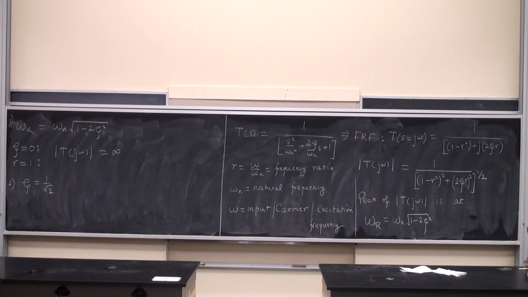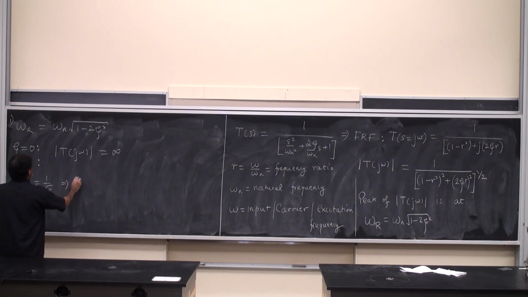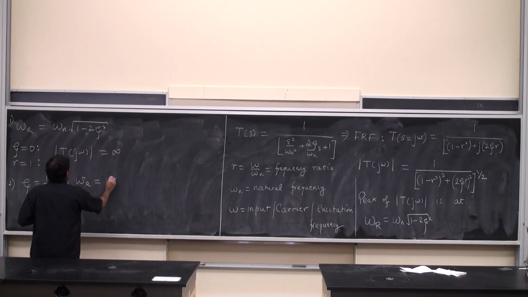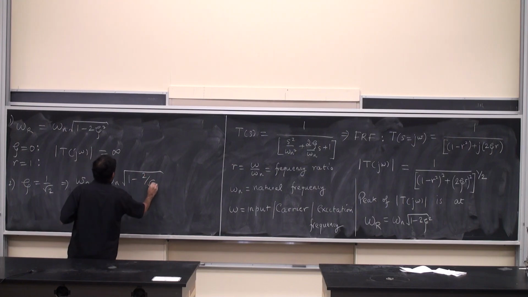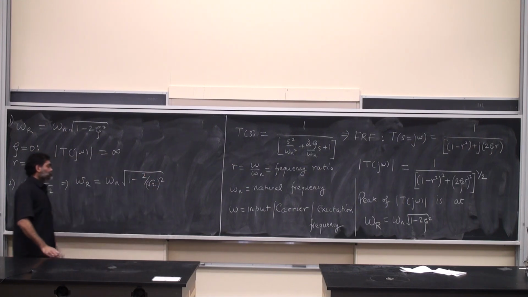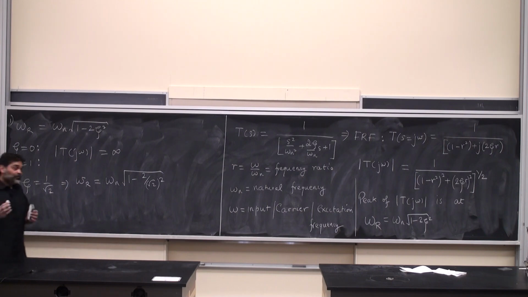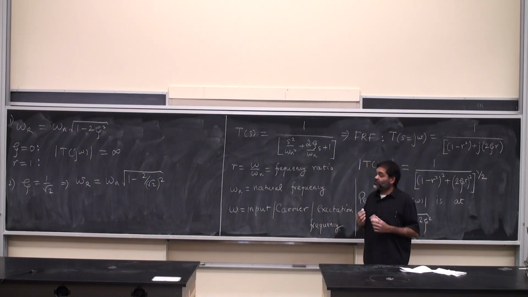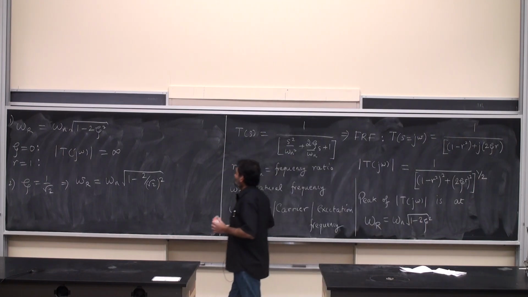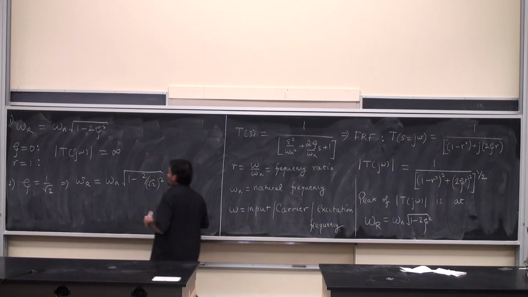What happens in this case? Omega n times the square root of 1 minus 2 by root 2 square. Root 2 square is 2, so 2 divided by 2 is 1. 1 minus 1 is 0. Square root of that is 0, so omega r becomes equal to 0.